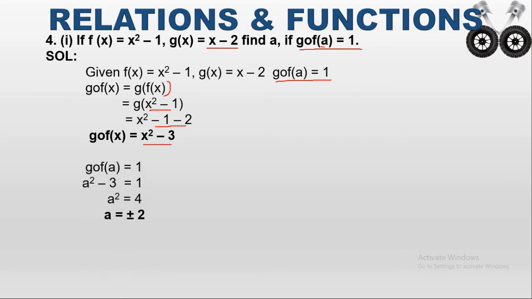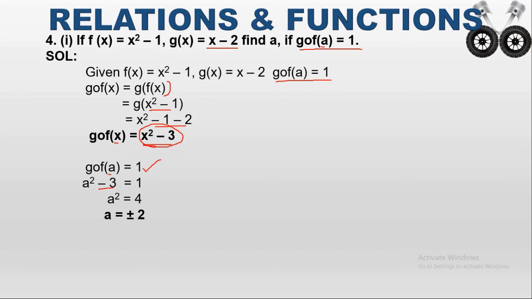What I said is that wherever x is, you substitute the value a. So g composition f of a equals 1, that is the condition given here. Instead of x you substitute a, so it becomes a square minus 3. So a square minus 3 equals 1. On the LHS we have minus 3.